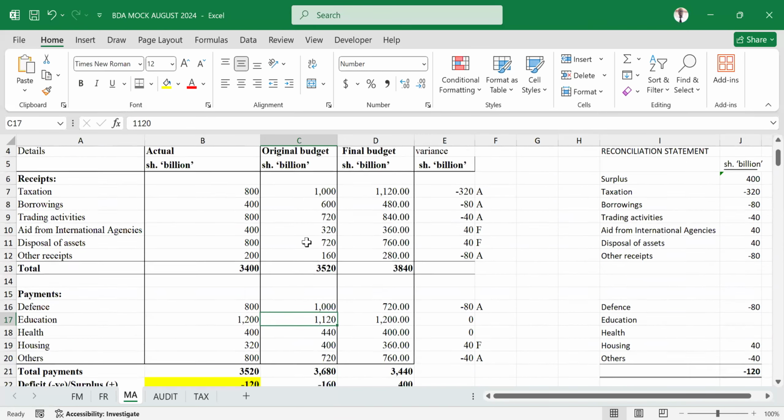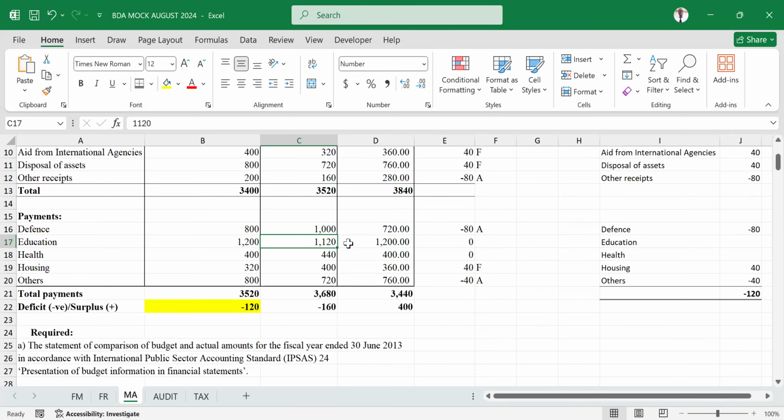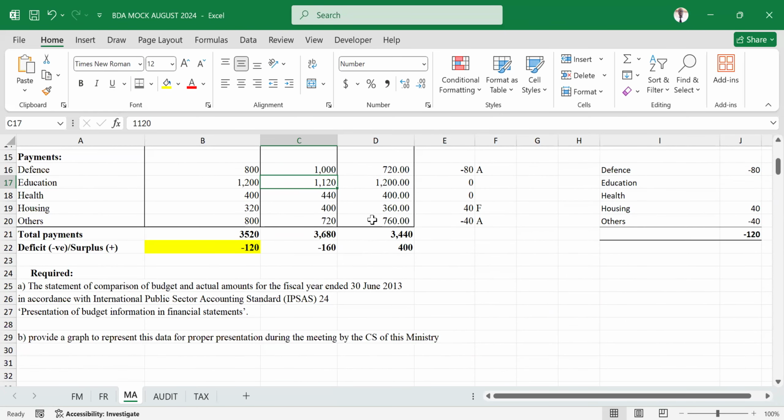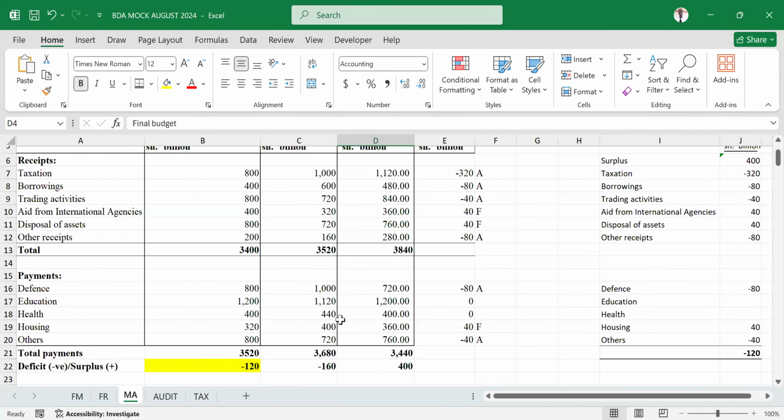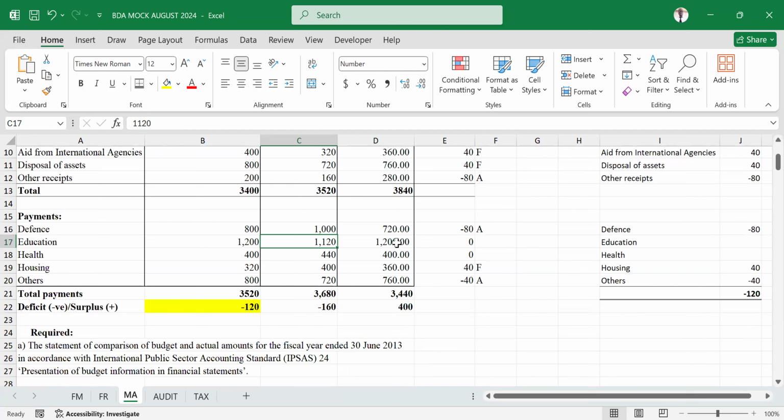So originally they had budgeted 1120, but what happened so that they come up with the final budget? They came up with a supplementary budget and they flexed that budget to come up with the final budget. Now that you've done flexible budgets and cash budgets, you should be able to understand it even better. You realize that the original was 1120, but in the final budget, it came to 1200.